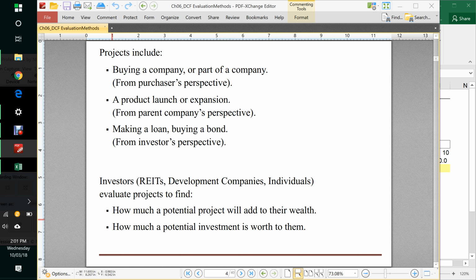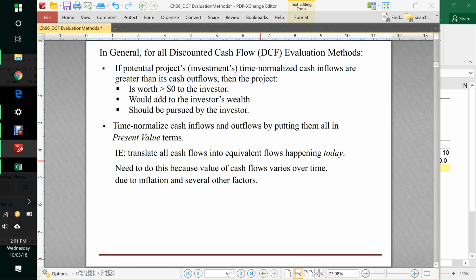In general, investors in financial projects want to know how much a potential project will add to their wealth, or another way to say that is how much a potential investment is worth to them. Our discounted cash flow methods give us a great way to understand what the worth of a project is to a particular investor, who may be a lender or a sponsor.